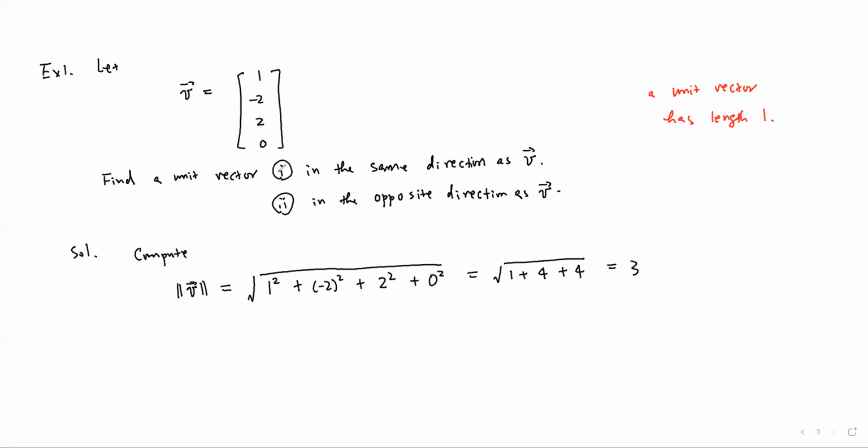All right, now let me answer the first question. Unit vector. Let me divide this vector by its length, this vector over the length of the vector. This should be a unit vector. The length of this vector should be 1. So this is 1 over 3, right? The length is 3, then times the vector.